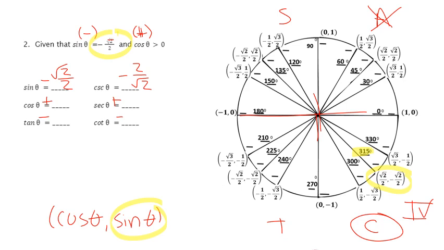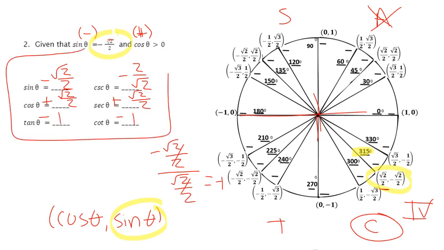And so when we fill the rest of it out, I can see cosine is going to be root 2 over 2. And then tangent, if I do negative root 2 over 2 divided by root 2 over 2, I get negative 1. And the reciprocal is still negative 1. And that would be your answer for that problem.